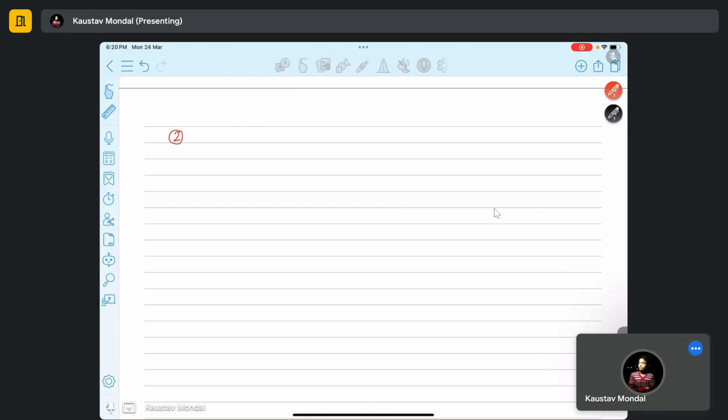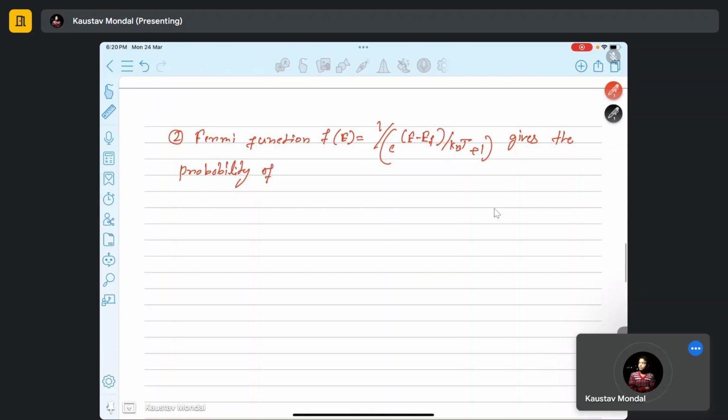Question 2 basically tells us that for the mean function, if F(E) equals 1 by e to the power (E minus E_F) by kBT plus 1, it gives the probability of occupation of an electron per energy state.